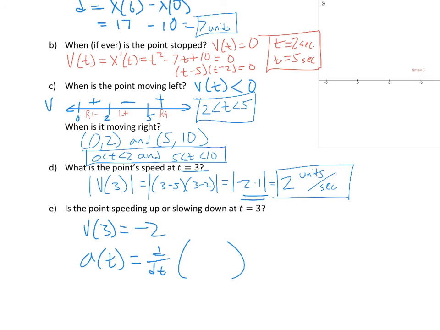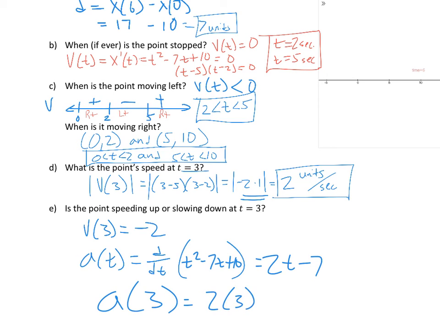Where's our velocity? It's up here, t squared minus 7t plus 10. Take the derivative, we get 2t minus 7. So what is a of 3? That is going to be 2 times 3 minus 7, which is 6 minus 7, which is negative 1.